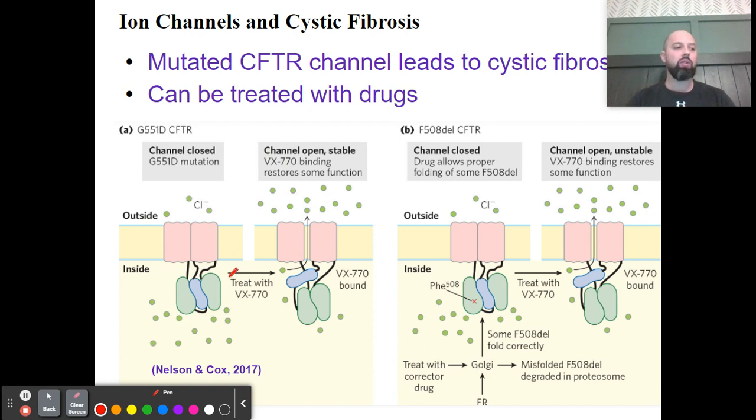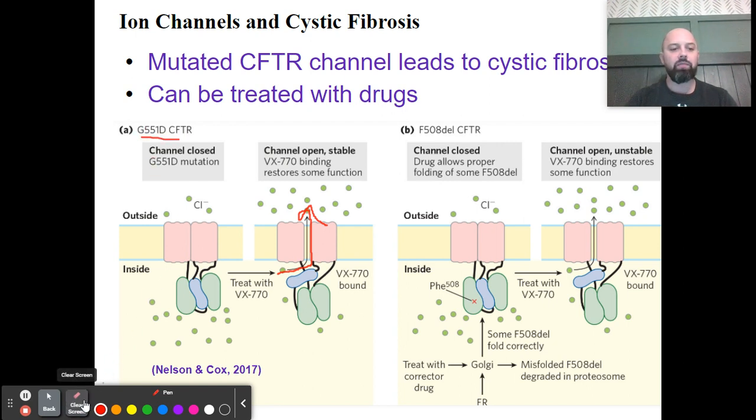So there is a drug called ivacaftor, also called VX770, and this drug can treat this protein and causes it to allow for chlorine ion transport. So that helps. It's not perfect, but it does help increase that protein function. So that's with that 551 mutation.